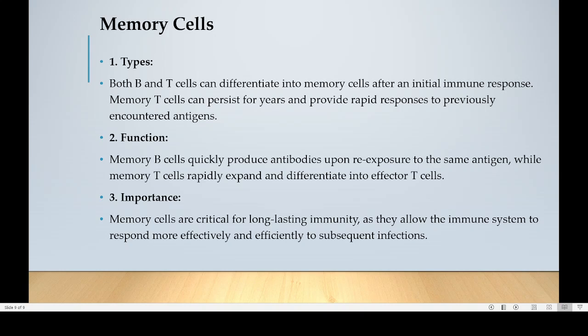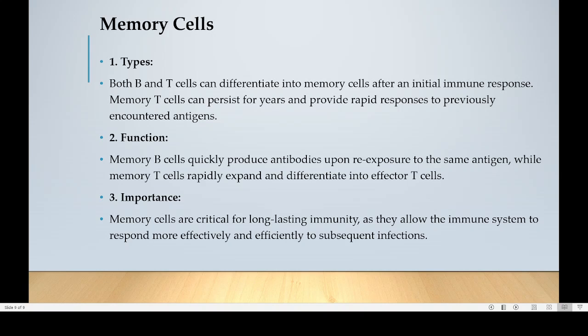So during the first infection, your body will be producing antibody, and that may take sometimes 1 week or 2 weeks, sometimes 3 weeks. But during the second attack, your body will control the disease within 1 or 2 days. Why? Because your body has memory B cells. Memory cells will be immediately converted into plasma cells, producing thousands of antibodies per second.